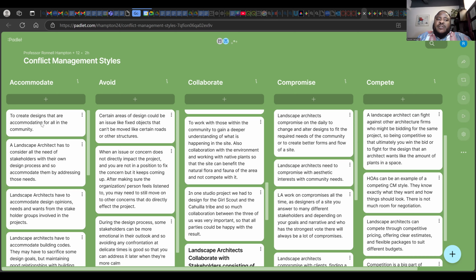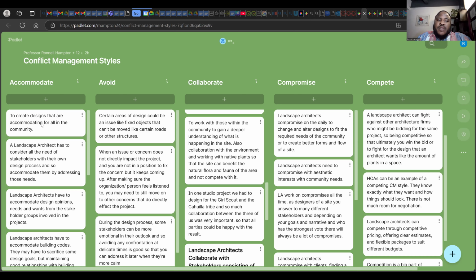And that accommodation is critical, and oftentimes you want to think of it from that universal design perspective. What comes to mind also is accessibility. So accommodating a site's needs for accessibility. And so what does that look like in your design process? So that's really, really great. Create designs that are accommodating for all in the community.